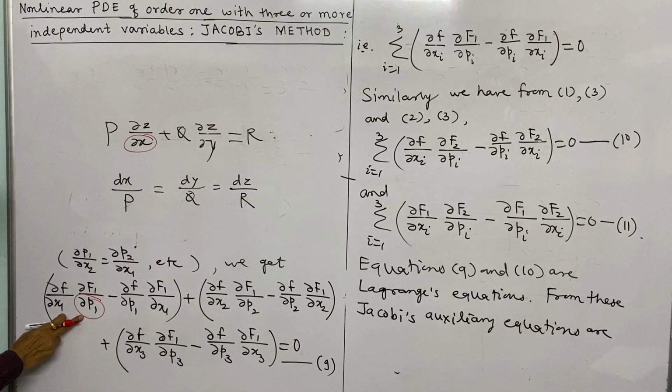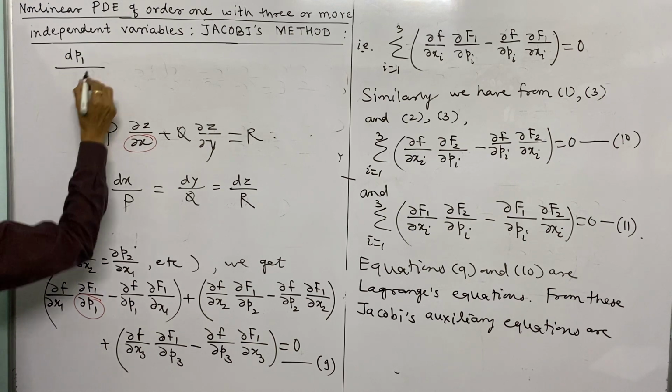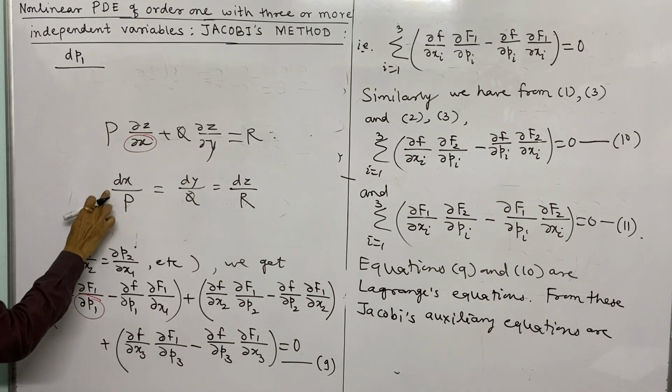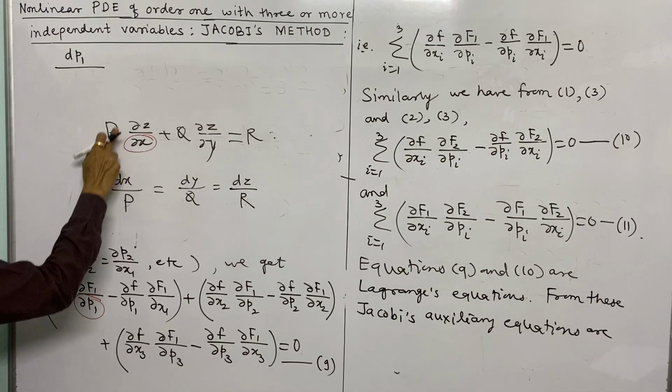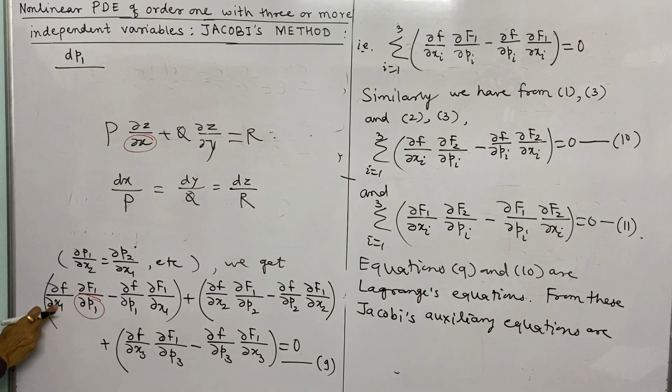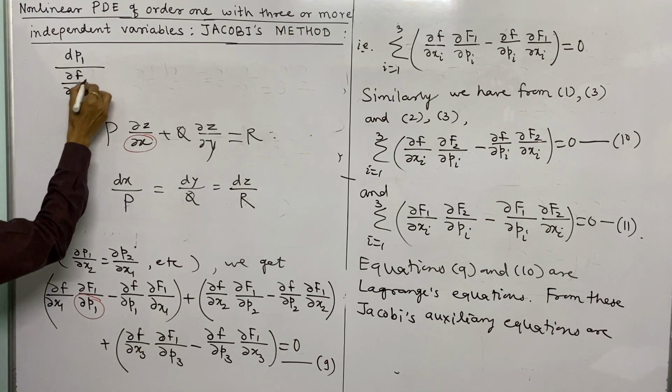So if I write dou P1 at numerator, this will be at the denominator. So therefore the Jacobi's auxiliary equation from the first term is dP1, dou becomes d now. This dou x becomes dx, total differential, divided by the coefficient of this derivative term. And this coefficient is dou f by dou x1. So that will be dou f by dou x1 is equal to.